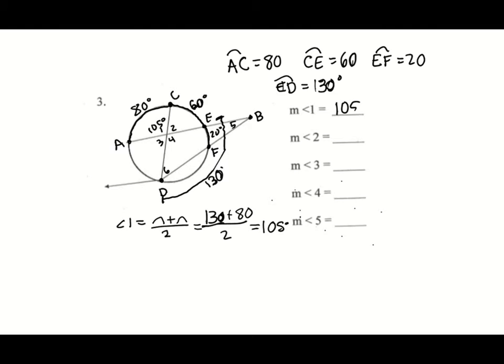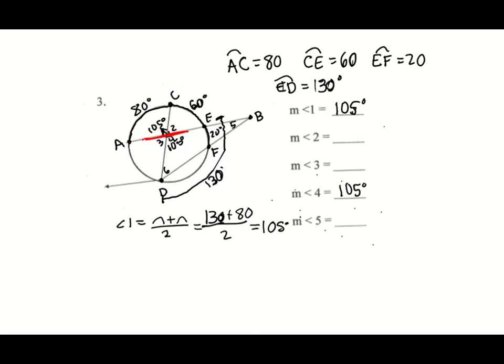105 is angle 1. So if I know angle 1, I can do vertical angles. Those two angles are straight across from each other. That makes angle 4 also 105. Then if I want to find angle 2, I know that up here, angle 1 and angle 2 are on a straight line. They're going to add to 180.